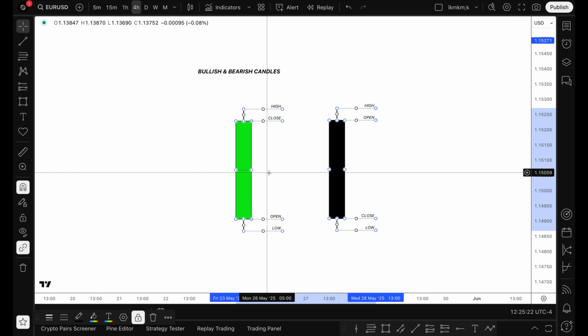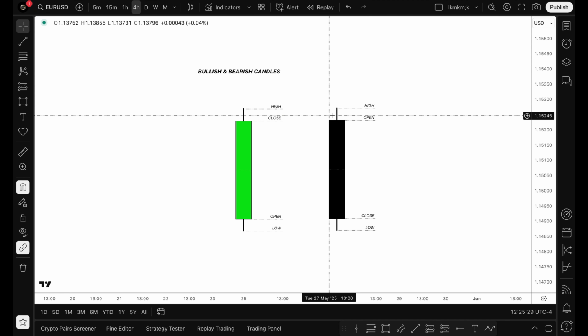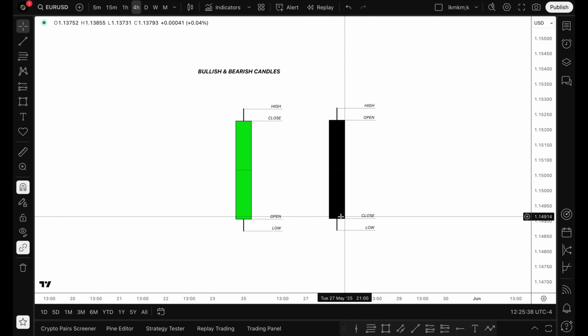Let me just look at this. Here we've got the wicks of the candlestick, these two lines here, and then we've got the body of the candlestick, which is just the thick part of the candle.